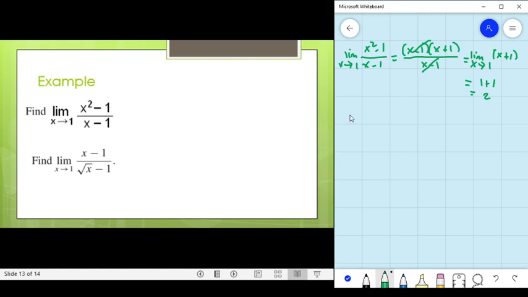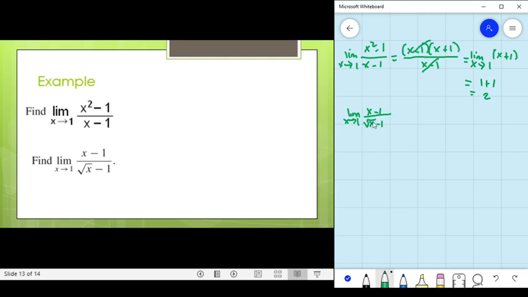What about the second one? The limit of x minus 1 all over the square root of x minus 1 as x approaches 1. So again, when we replace the x with 1 in the denominator, 1 minus 1 is 0, and also in the numerator, 1 minus 1 is also 0.